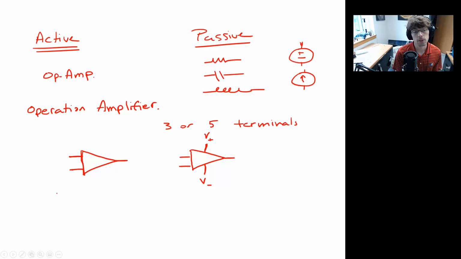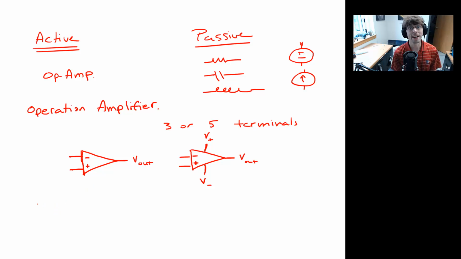Now you might ask, what do the other 3 terminals represent? Usually the one at the apex, I refer to it as V out, the output potential. And then on the left-hand side, where these 2 come in, you'll have 2 symbols. You'll usually have a negative and a positive sign.